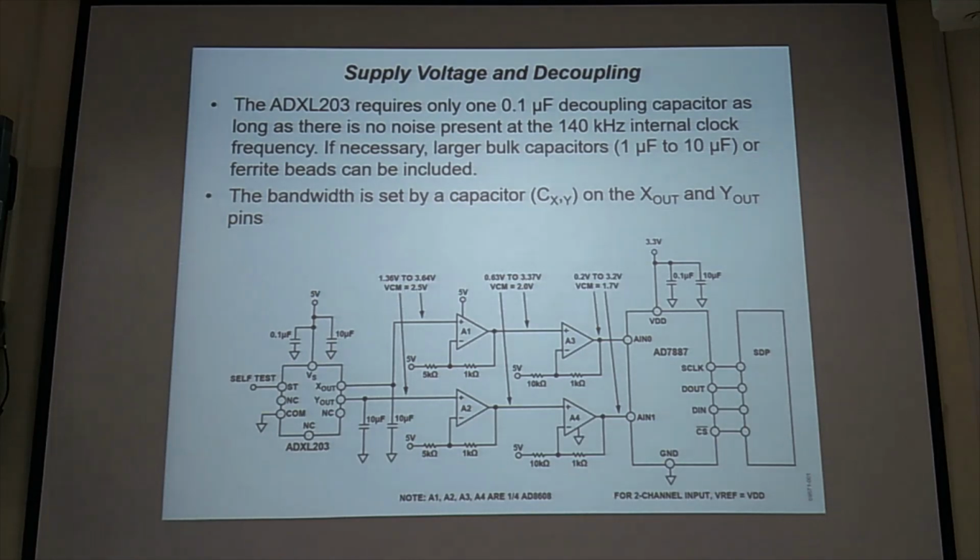Then another important thing is the bandwidth. Bandwidth is frequency. So large bandwidth means high frequency, and high frequency means speed, quick response. So if we lower the frequency, the response time is going to be longer.